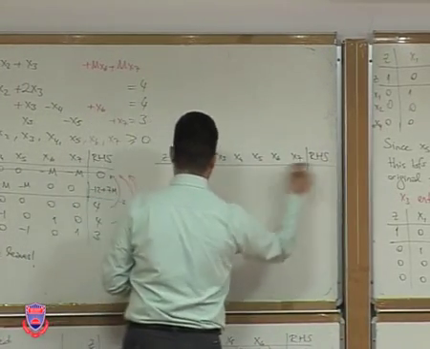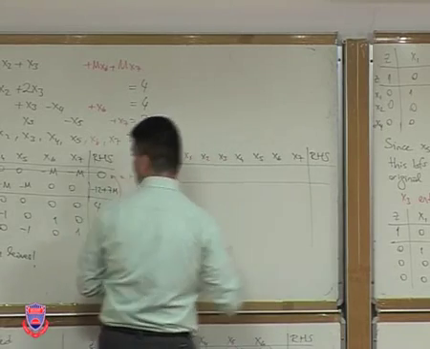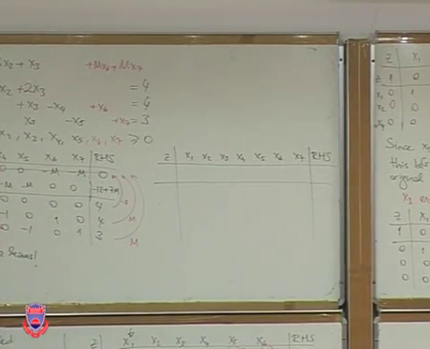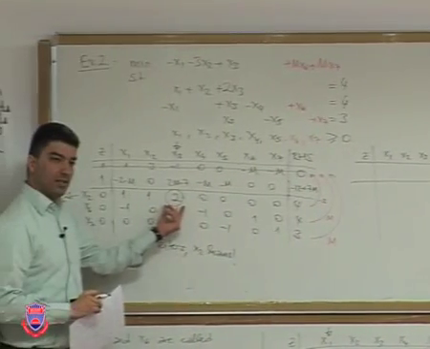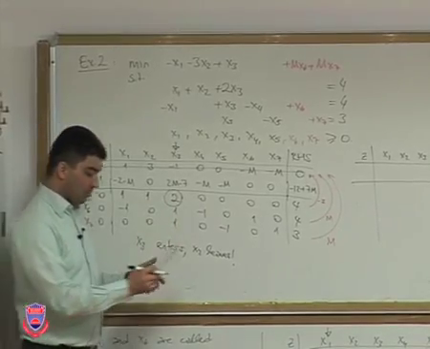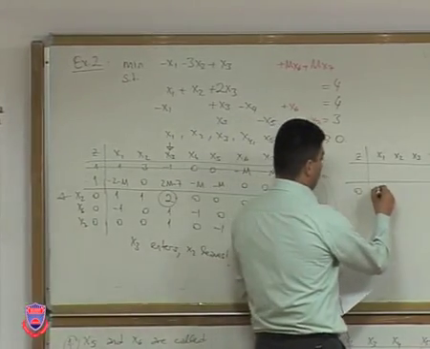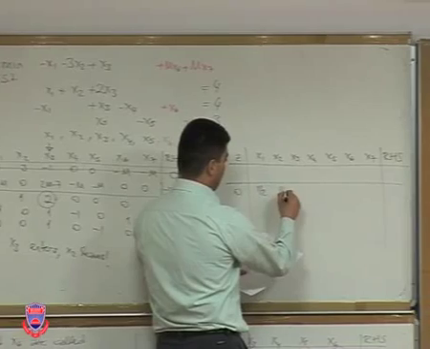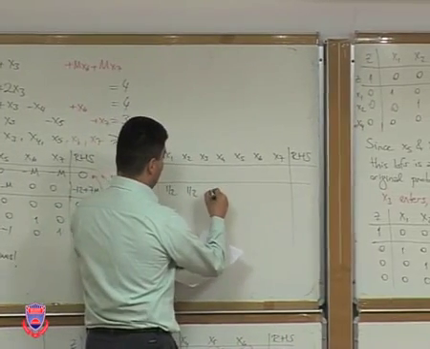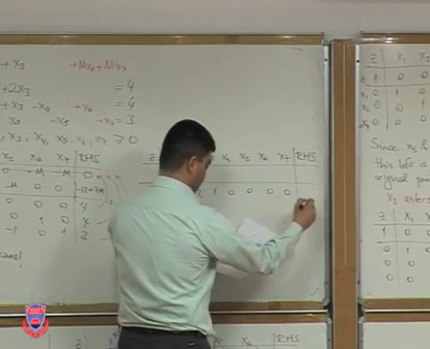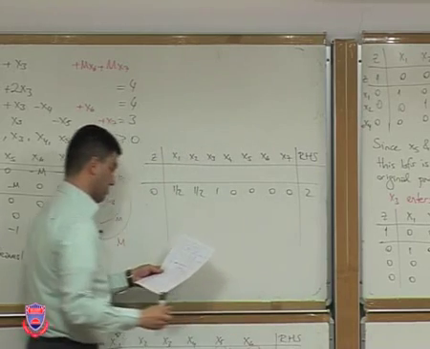So just the usual simplex iteration. So make the center equal to 1, multiply everything by 2. So you have 0, 1 over 2, 1 over 2, 1, and everything else is zeros. Right-hand side becomes 2.